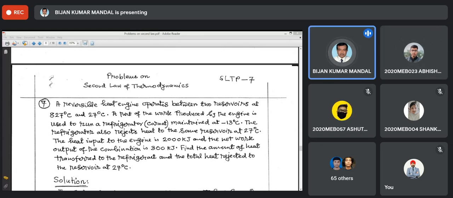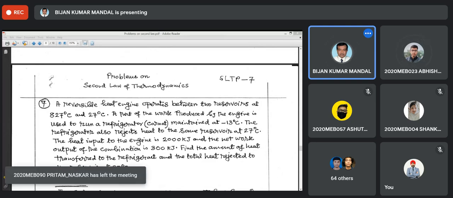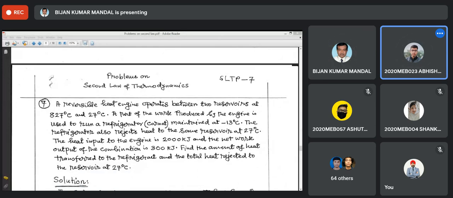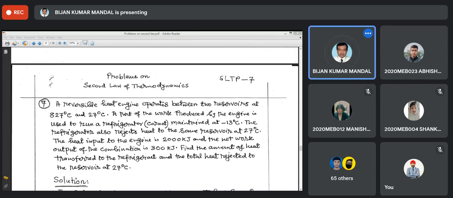What is the meaning of that? The net work output of the combination is 300 kilojoule. The work done by the whole system. Speak. The net work done by the whole system, and that is written there. What does it mean?